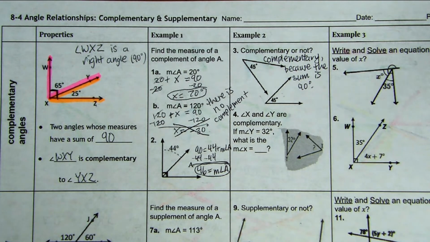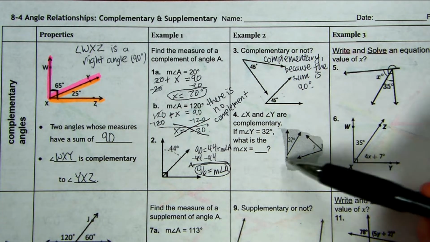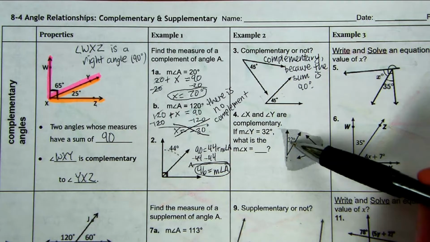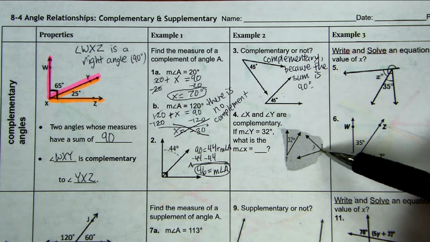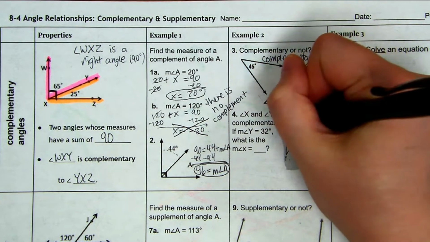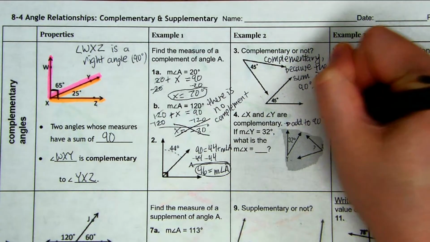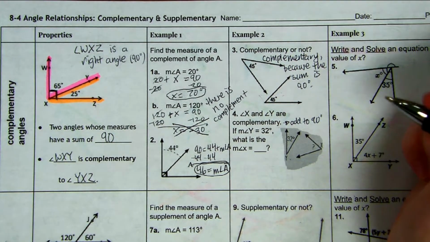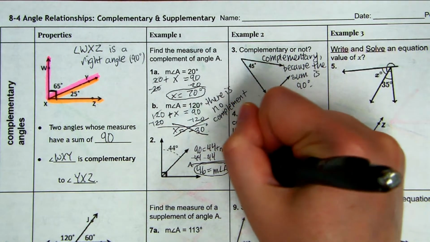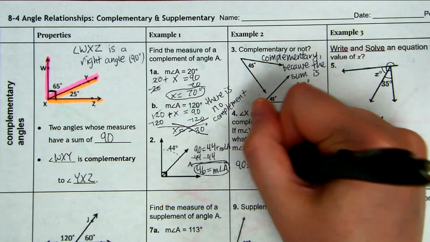In this next one, it says angle X and angle Y are complementary. If angle Y is 32 degrees, then what's the measure of angle X? Well, if we know that they are complementary, that means they have to add to make 90 degrees. So we can create an equation based on that information. So we know 90 degrees has to equal this 32 degrees plus whatever the measure of angle X is.